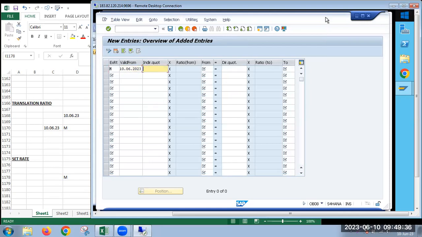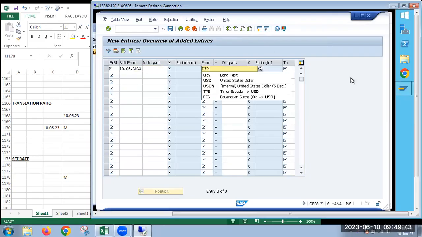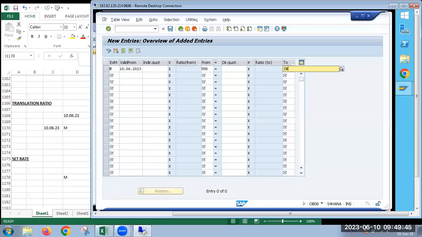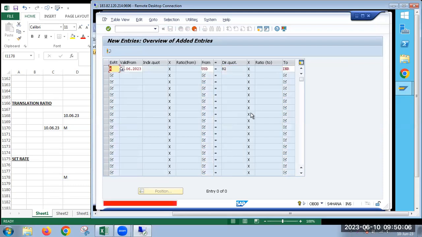We can specify the value by indirect or direct quotation. From US dollar to INR, we can specify $1 US in multiples of 1 into INR, or 1 INR in multiples of 1 into US dollar. Anyway, we can specify 82.